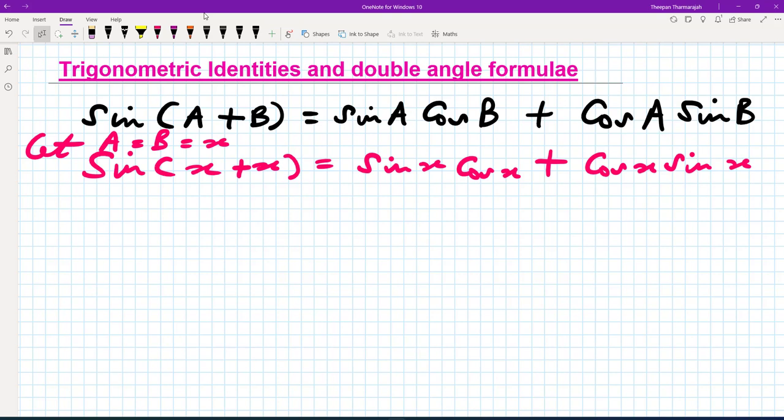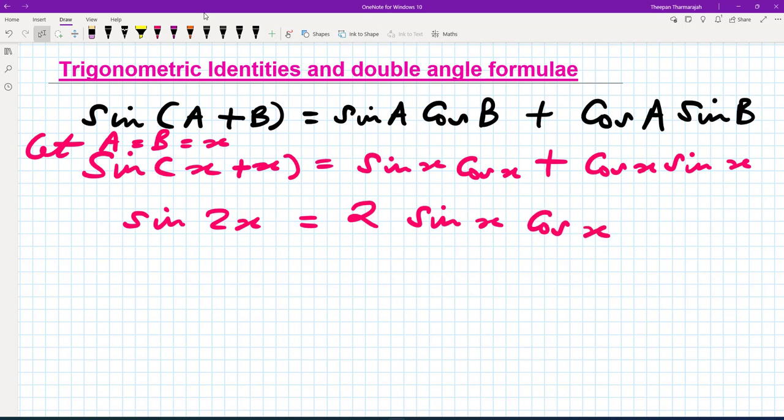Then what we can say from here is that sine 2x is the same as 2 lots of sine x cos x, and that's the first double angle formula for sine 2x.